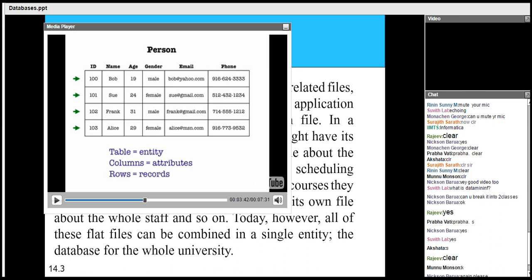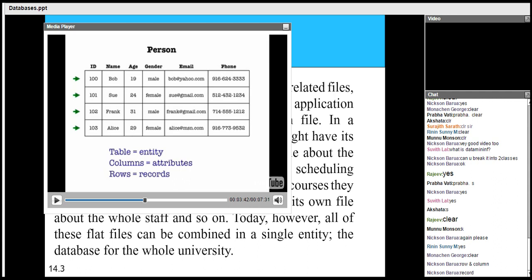I want to fetch the details of the name Bob. What details will I get? Bob is the person who is 19 years old, whose gender is male, whose email ID is bob@yahoo.com, whose phone number is 916-624-3333. So this is the way we extract the data from the databases.